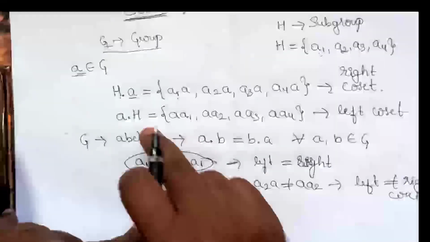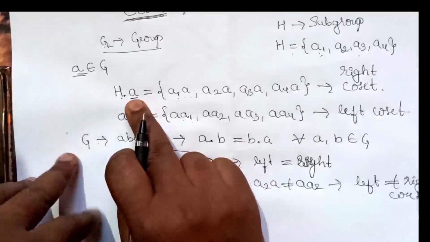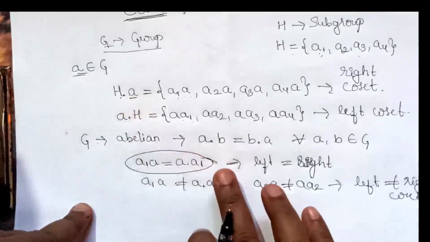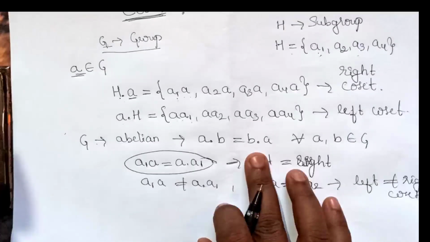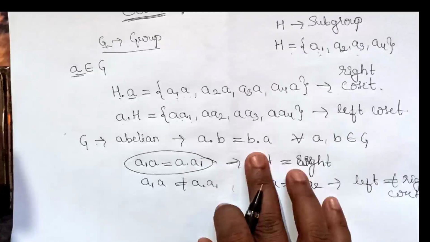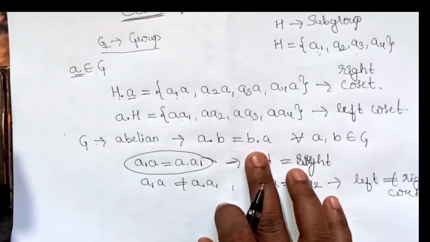Because here we are using multiplication as a binary operation, and multiplication is commutative, and even addition is always commutative, we can say that the right coset equals the left coset. Otherwise, for operations other than addition and multiplication, we have to check whether group G is abelian or not. If G is abelian, then the right coset equals the left coset. Otherwise, we will get different cosets.